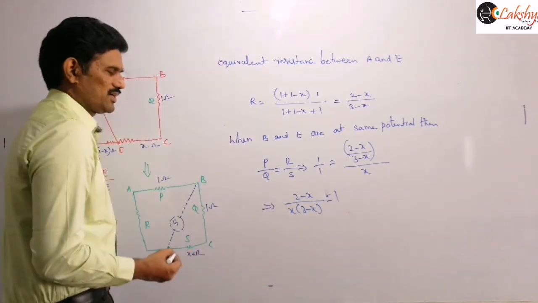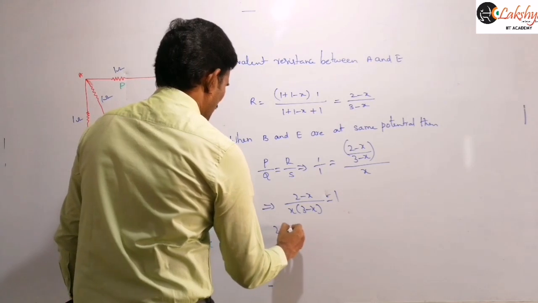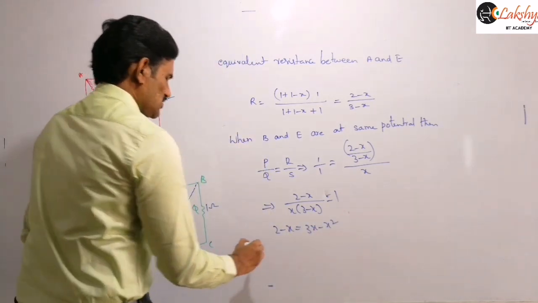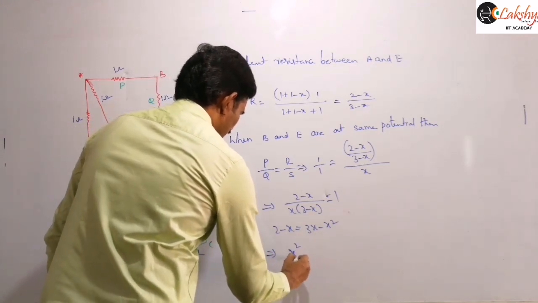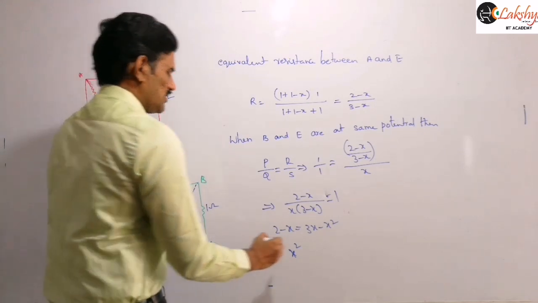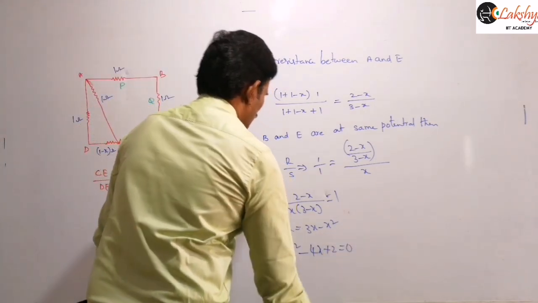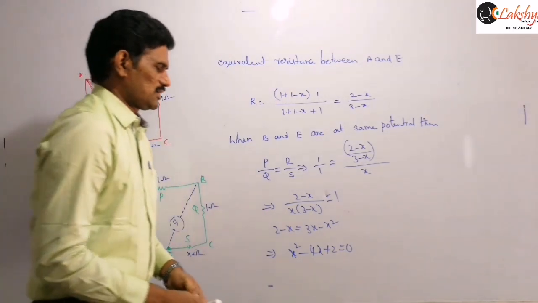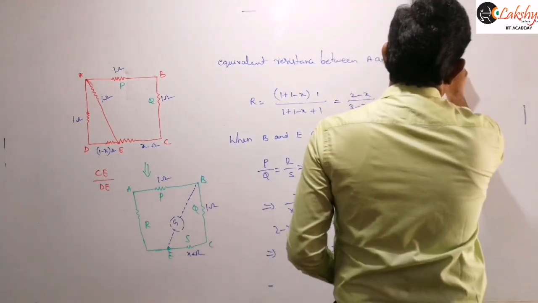You can simplify, you will get a quadratic equation and you can find the factors for that. So then 2 minus X is equal to 3X minus X square we can write. So therefore this equation we can write it as X square minus 4X plus 2 is equal to 0. Right. So then that is our X value, that means equation. Then we need to find the factors for that.